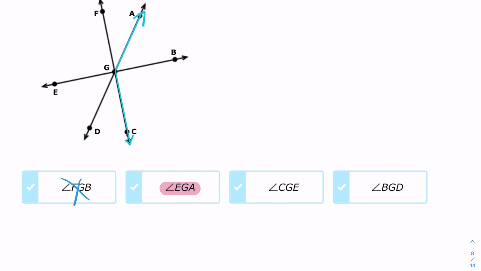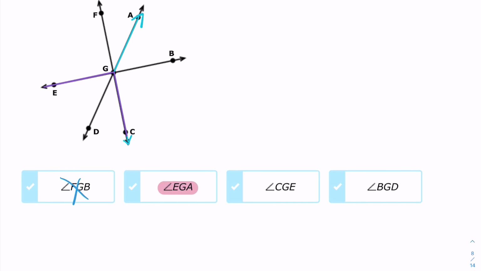Let's take a look. CGE is also touching GC. They have a common vertex right there. They have a common side, GC, which is ray GC. So CGE is an answer as well.